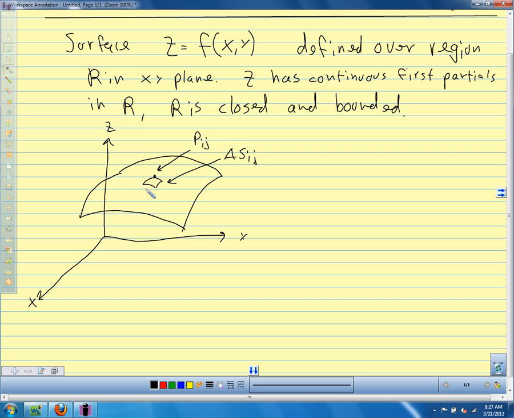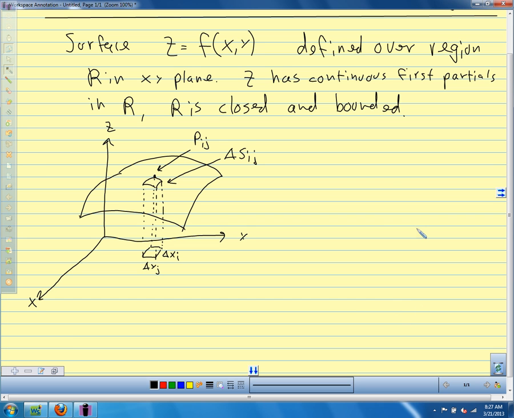So if I project this little piece down into the xy plane, I get a little rectangle in the xy plane. So in the xy plane, the side of this little rectangle is going to be delta y sub j, and this side of the rectangle is going to be delta x sub i. We'll call the x's i's and the y's j's.